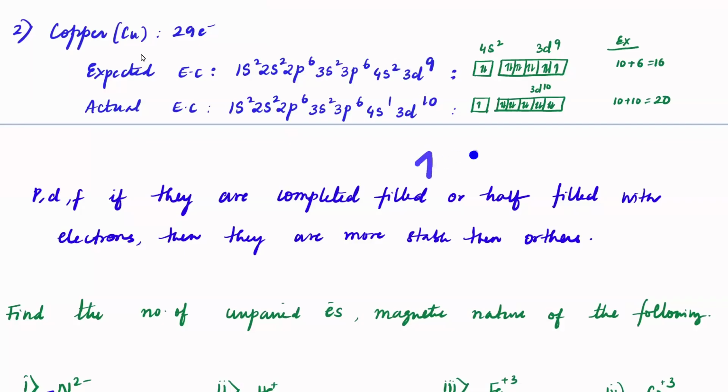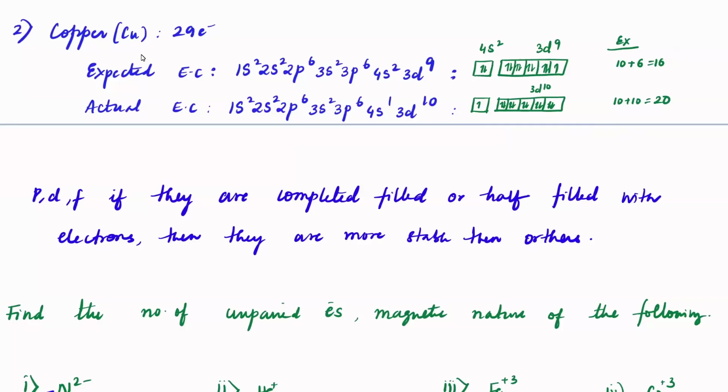The electrons in this particular spin, the upward spin, can exchange like this, and the number of exchanges is 10. The electrons in the other spin can exchange among themselves, and the number of exchanges is 6. So in total we have 16 exchanges if the configuration is 4s2 and 3d9.